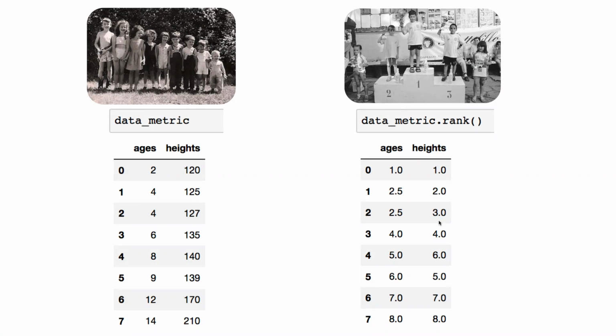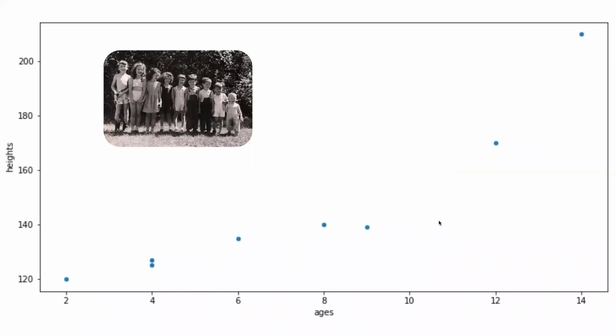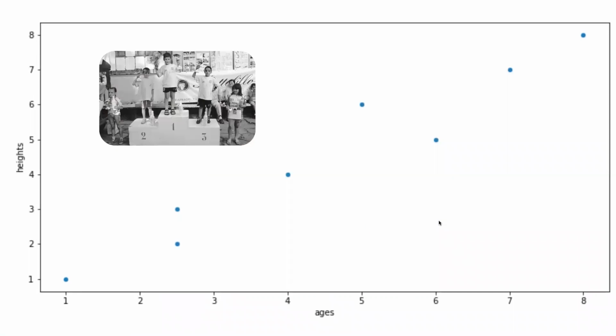You'll very often see complicated things about Spearman correlation, but Spearman correlation is just the Pearson correlation of the rank. That's all there is to it. Really, really simple idea. And here's an example of the actual heights, and here's the rank of the heights. Just line that up.